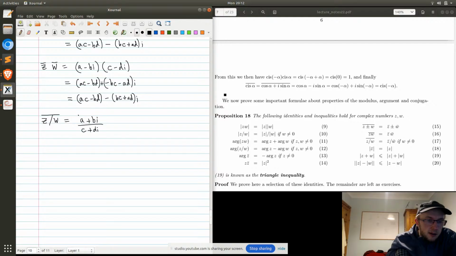And I know that this has to be conjugated, but just give me a second. What goes on the bottom here? c minus di. I know that's going to be a c squared. And I know that the outside and inside cancel by design. And that'll be a plus d squared. Okay, got that.